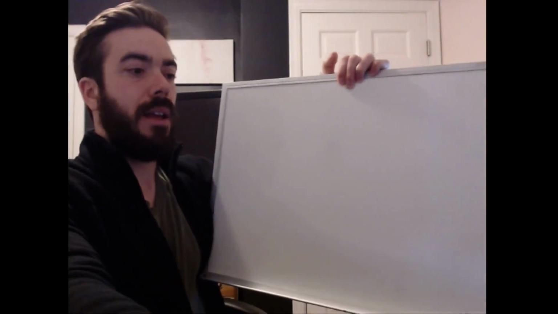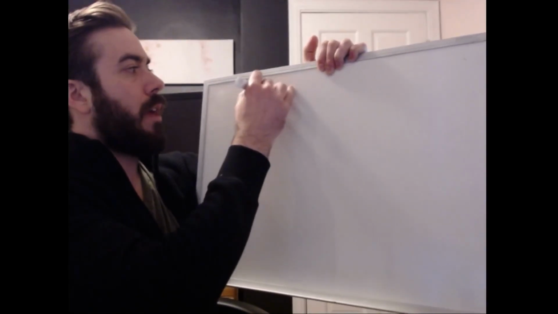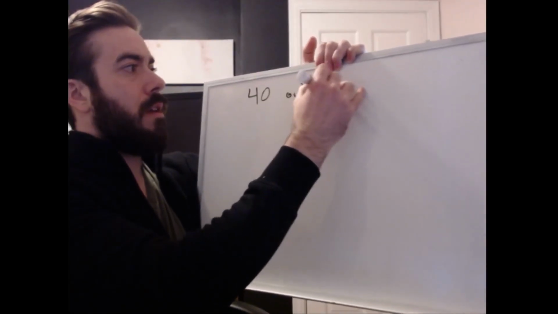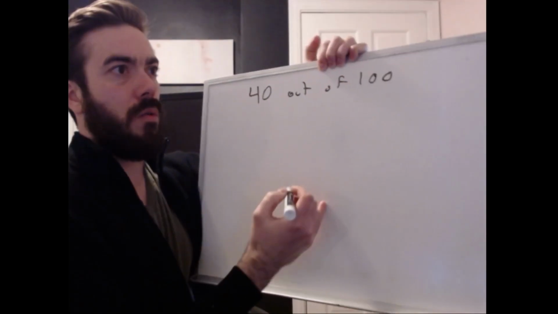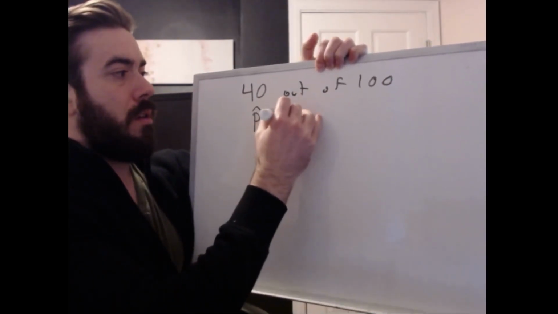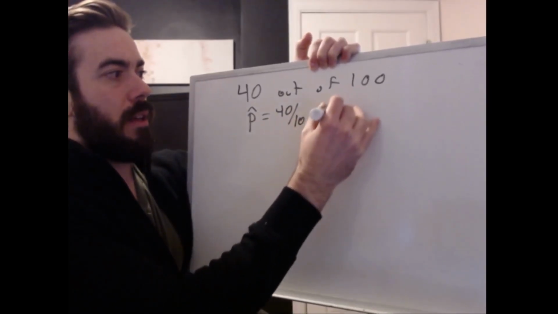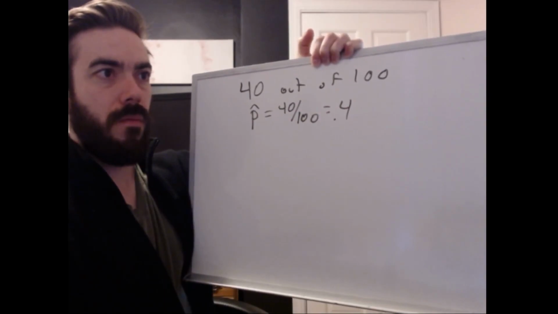Okay? So the first thing we want to think about, or a question that could be asked, is let's say that instead I didn't tell you that the sample proportion was 0.4, but I told you that 40 out of 100 households own dogs. You should be able to determine that that sample proportion is 40 out of 100, or that sample proportion of 0.4. Okay?